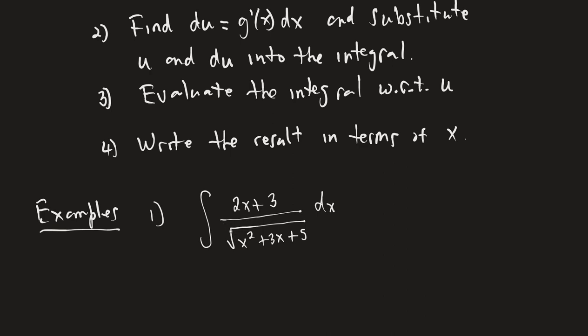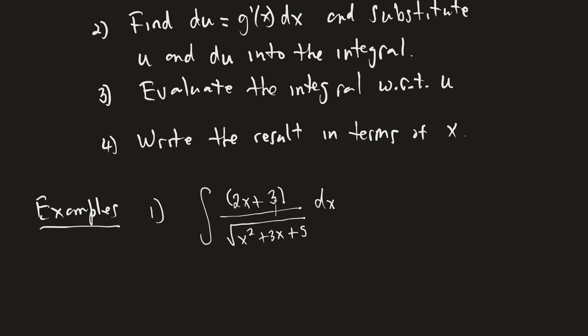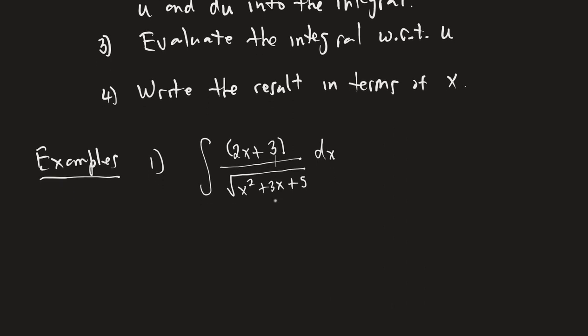So this is what I'm going to do. I'm going to keep that quantity there, and then I'm going to rewrite this and get that radical out of the denominator and write it as a product. If I write all of this to the 1/2 power, the x squared plus 3x plus 5 to the 1/2, and then apply my property of exponents and flip it, I have to change that positive 1/2 to a negative 1/2.